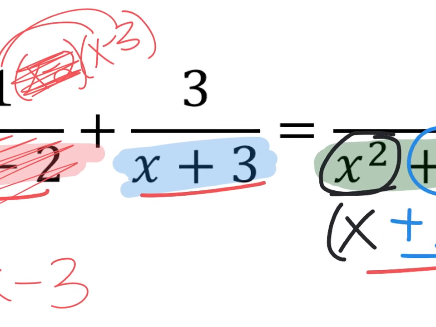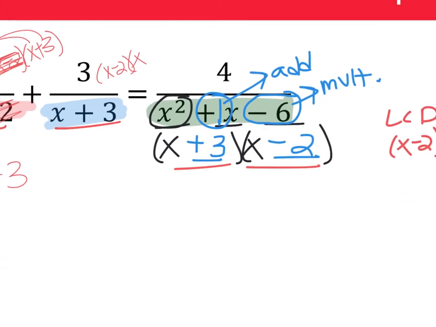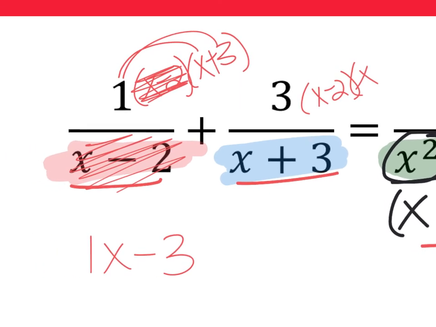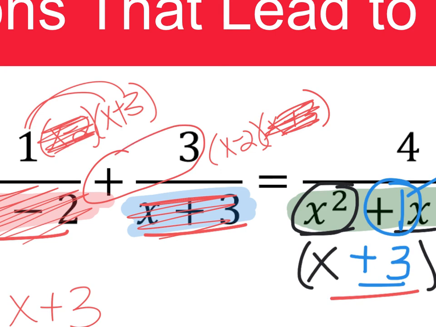And then if I do the same thing here, x minus 2 and plus, that should be a plus 3. Okay, let's change that. Sorry, this should be a plus 3 here. x plus 3. And then here the x plus 3's cancel, so we're left with a positive 3 times x.